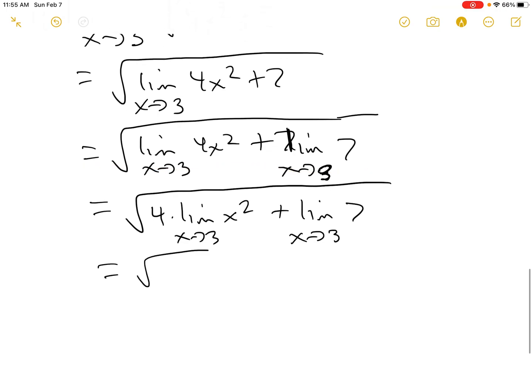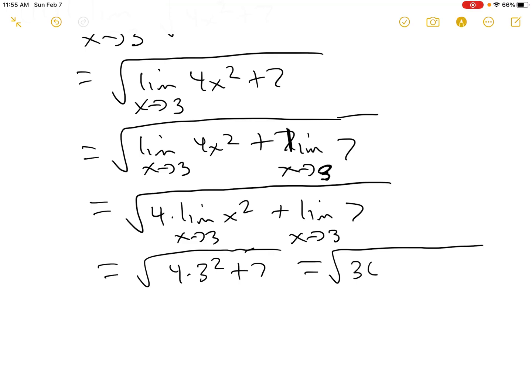And this becomes 4 times 3 squared plus 7, which is what, 36 plus 7. And that's the square root of 43. So that's the limit.